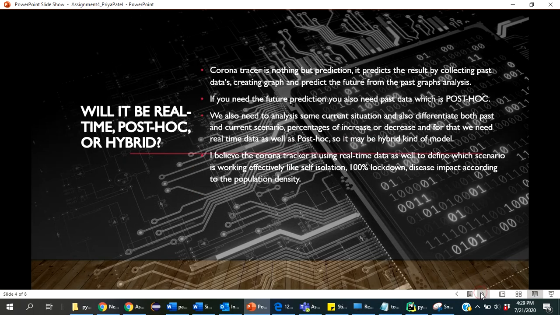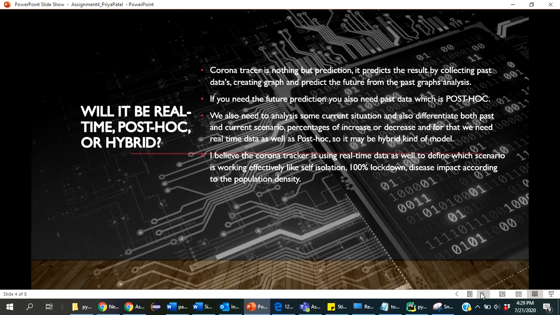And the third is, will it be real time, post hoc, or hybrid? Which kind of model are we using here? The corona tracker is nothing but prediction, right? It predicts the result by collecting past data, creating graphs, and predicting the future from the analysis of past graphs. So if you need future prediction, you also need the past data, which is post hoc.